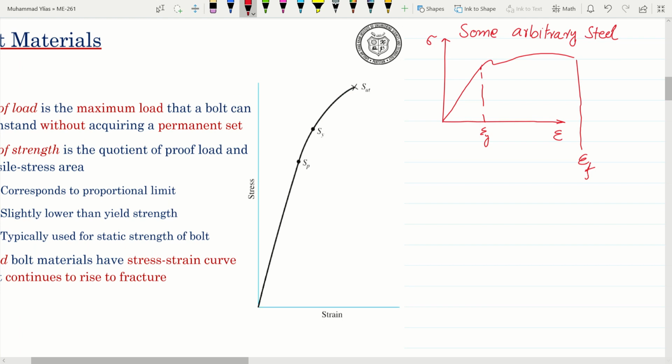On the other hand, for the bolt material, we identify that the strain corresponding to the proof strength is not very small as compared with the strain corresponding to the ultimate strength.